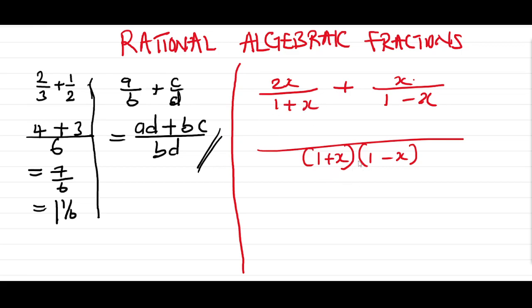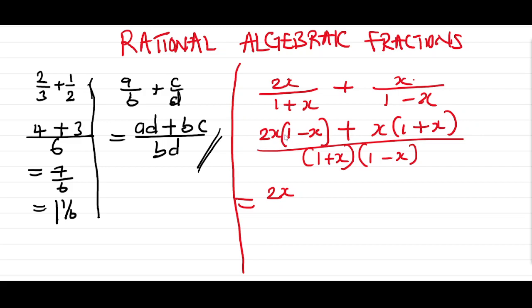So this is 2x. We then multiply by 1 minus x. Then we put a plus sign here. Now for the x part, 1 minus x has to divide 1 plus x multiplied by 1 minus x, of which 1 minus x will cancel out. So this will be x multiplied by 1 plus x. What we'll have last is that 2x multiplied by 1 gives us 2x.